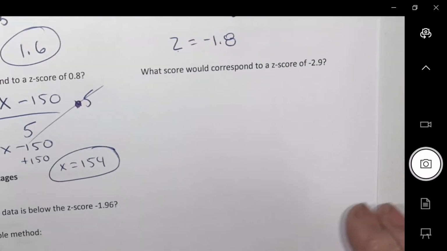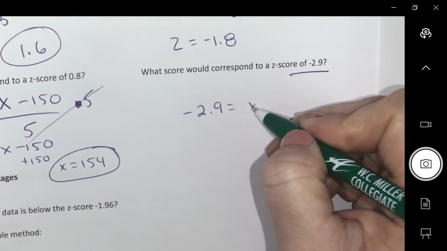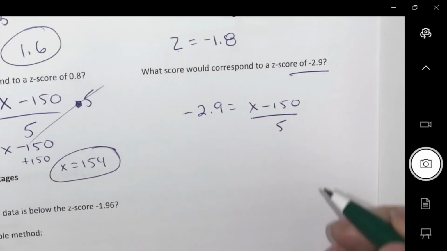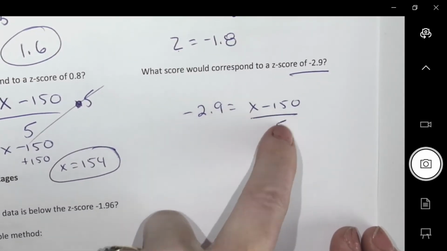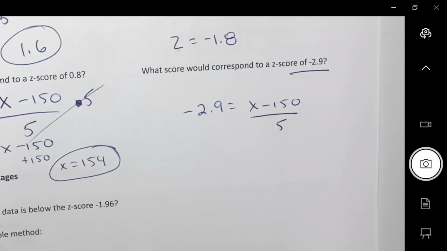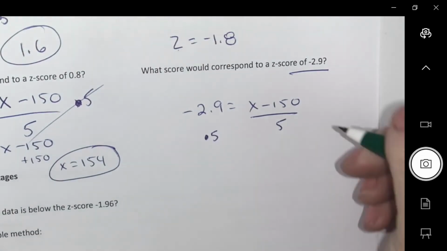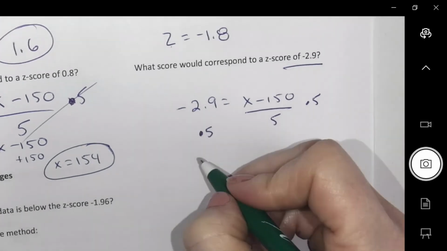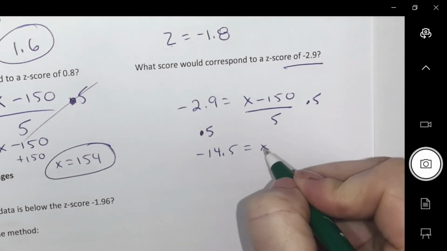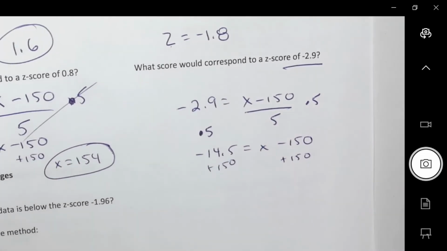Okay, what score corresponds to a z-score of negative 2.9? So negative 2.9 is the z. What score minus the mean over the standard? So I'm going to times by 5. And I'm adding 150. So algebra moves.